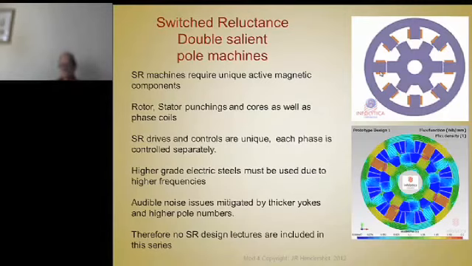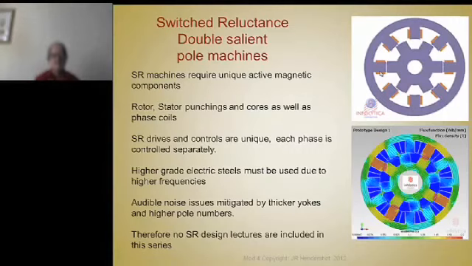It's not the same in any of those. So in calculating the losses, you have to solve for the flux density in each one of those 4 cross-sectional areas, and then use whatever frequency it is to calculate the losses. So it ought to be obvious that the frequencies are higher with switch reluctance than with other kinds of machines, so you tend to use thinner, more expensive lamination materials.